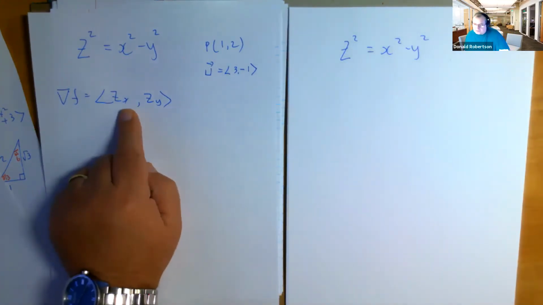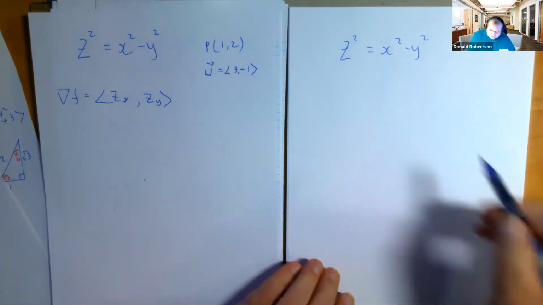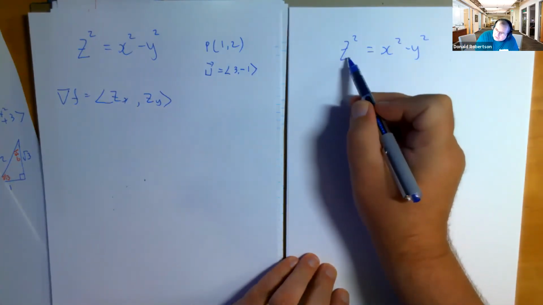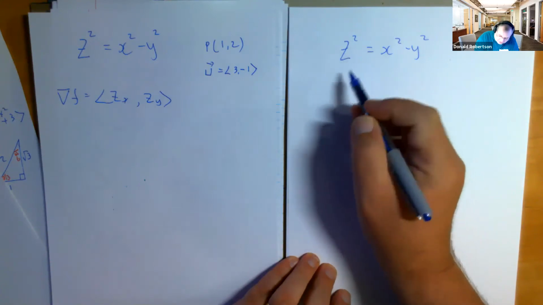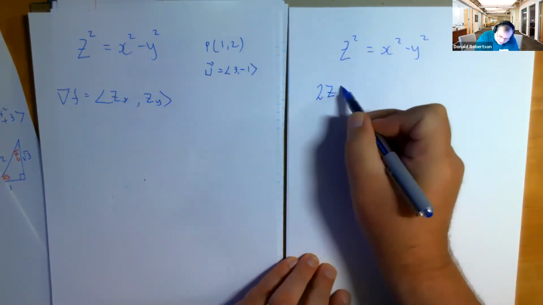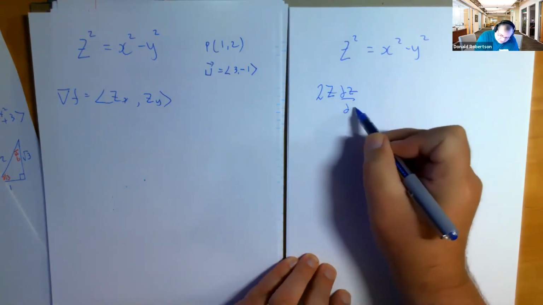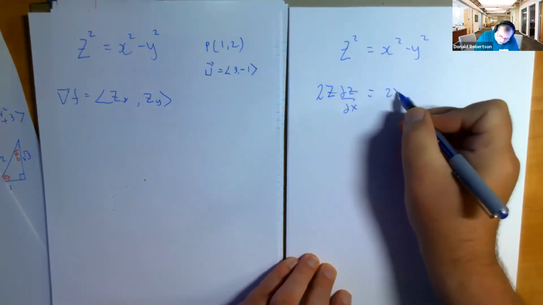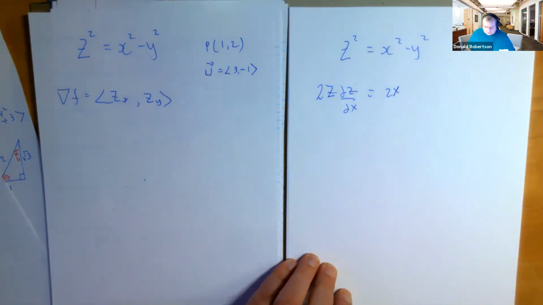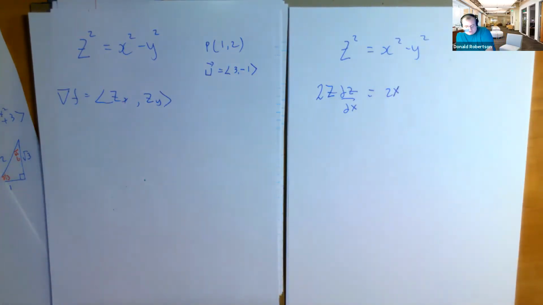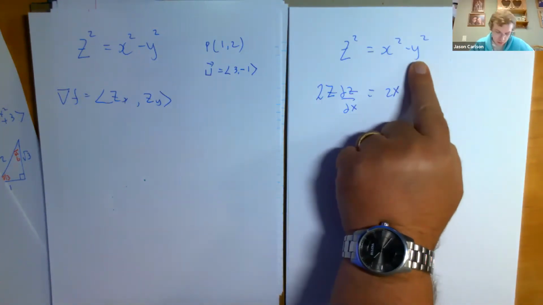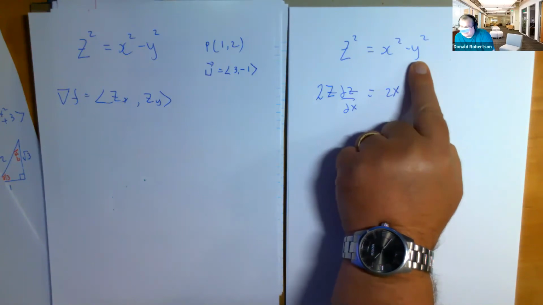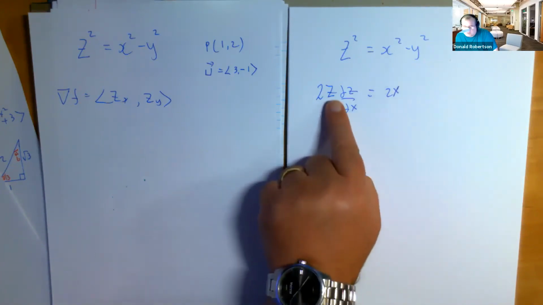To find the partial derivative with respect to x, we do implicit differentiation. Differentiate z squared and you get 2z dz/dx. Differentiate this, with respect to x, you get 2x. And what do you get if you differentiate negative y squared with respect to x? 0. Do you see that this does not give you negative 2y dy/dx, but this does?